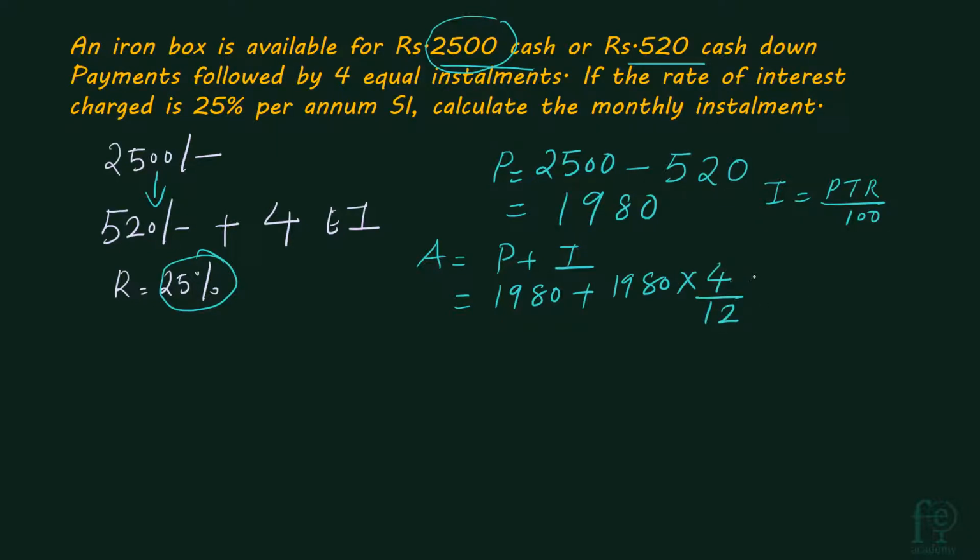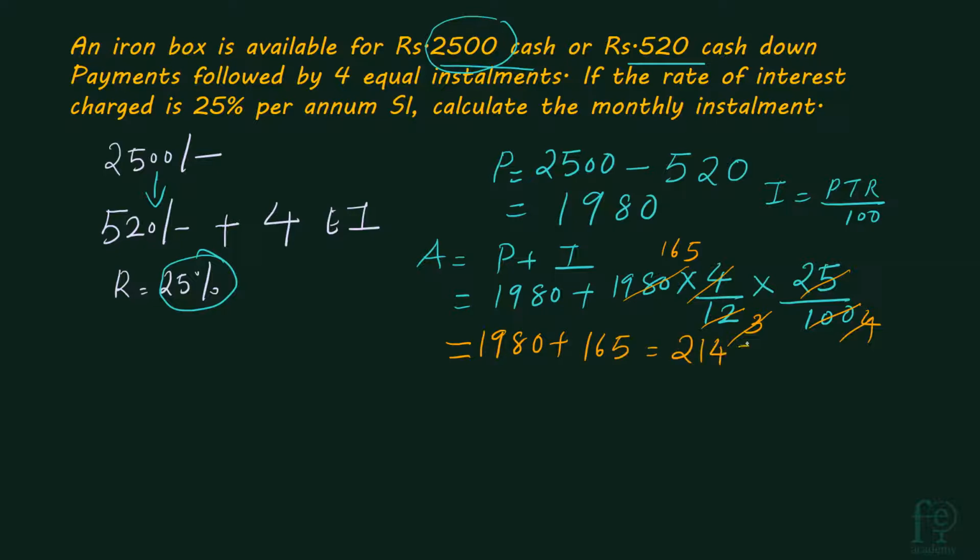So 4 by 12 into rate of interest 25, so 25 divided by 100. What will you get? 1980 divided by 12 gives you 165. So your final amount will be 1980 plus 165, which gives you 2145. So you got the final amount also.